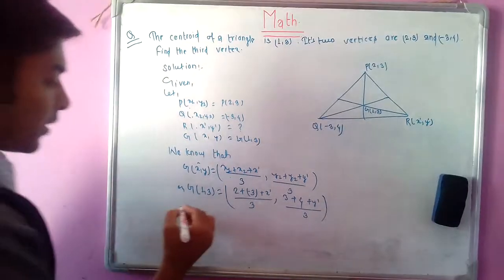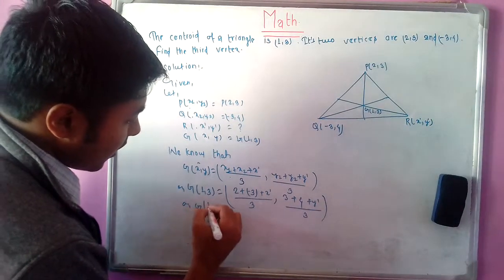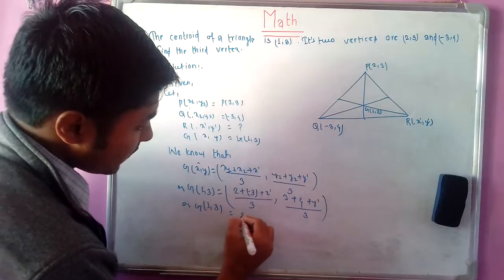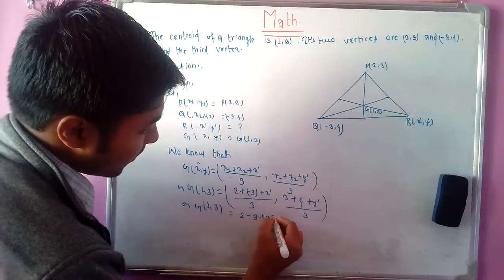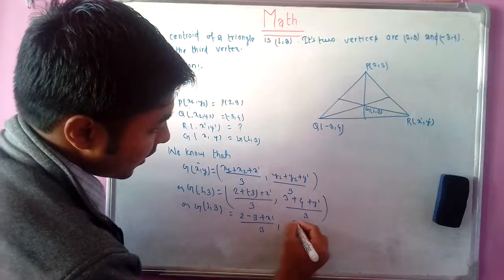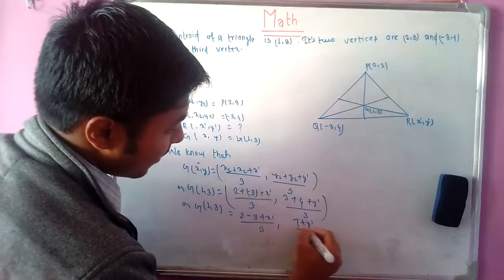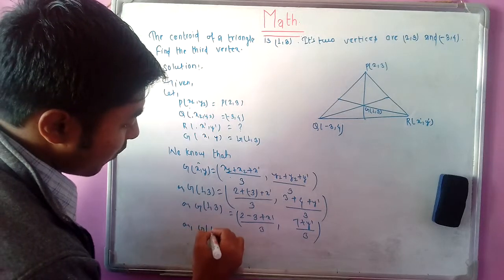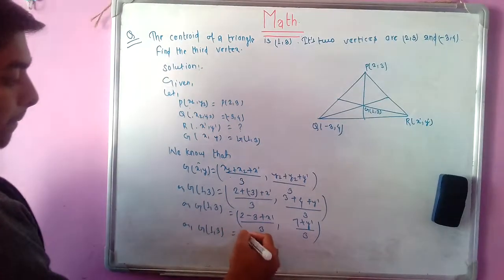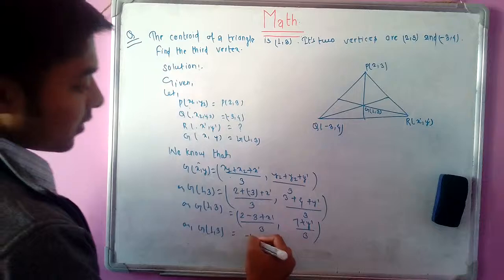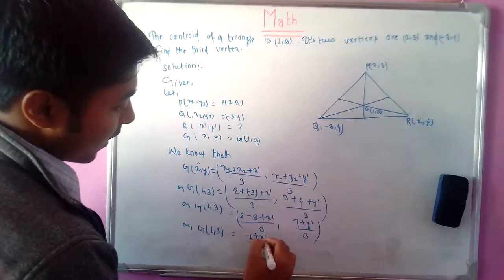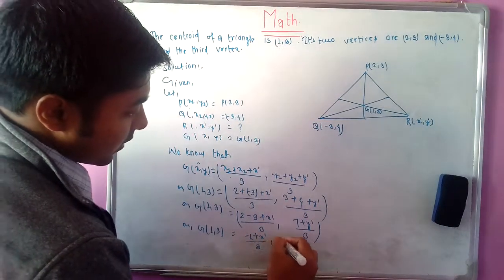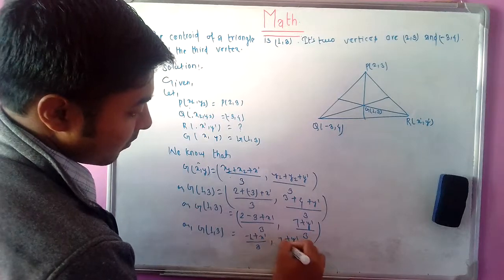So G(1, 3) equals (2 - 3 + x bar) by 3, (7 + y bar) by 3, or G(1, 3) equals (-1 + x bar) by 3, (7 + y bar) by 3.